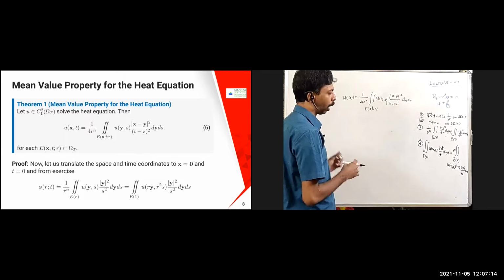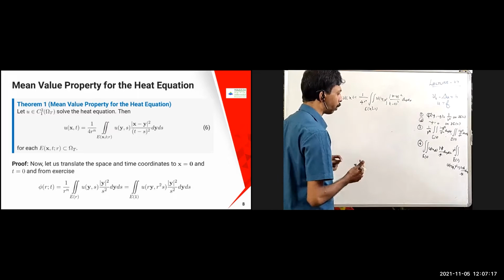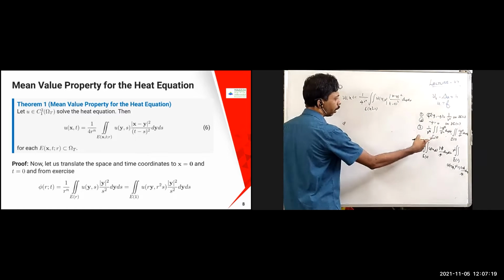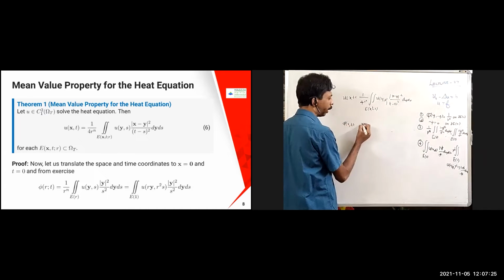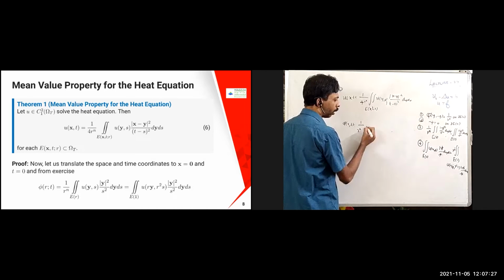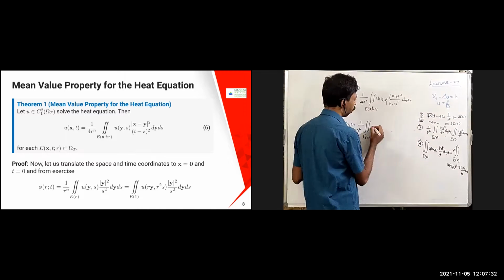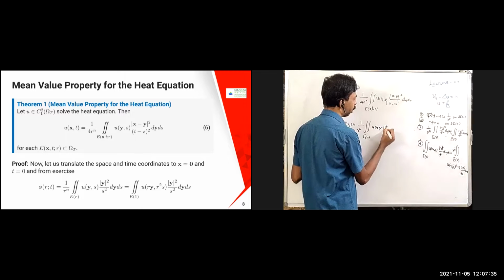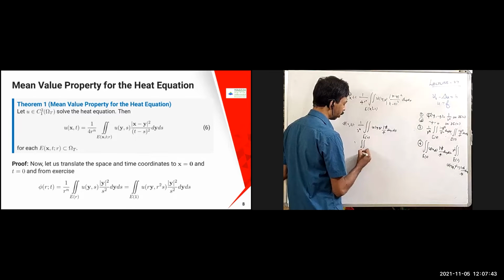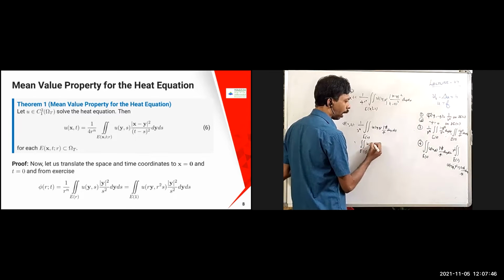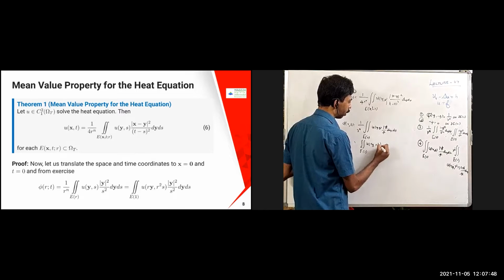From that exercise, what you can prove is this: I'm going to define phi of r comma t as the integral 1 by r power n over E of r of u of y comma s mod y square by s square dy ds, that I can write as the integral over E of 1 of u of ry, r square s, mod y square by s square dy ds.